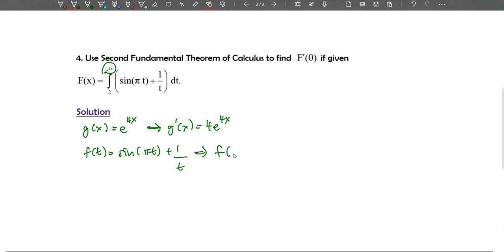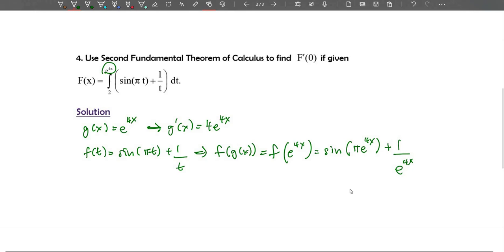Which means here f(g(x)). Just write g(x), which is e to the power 4x, so we have sine pi e to the power 4x, plus 1 over e to the power 4x.